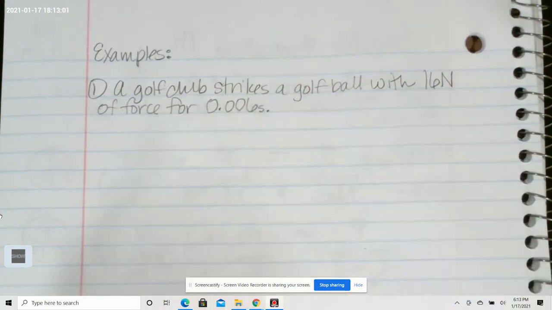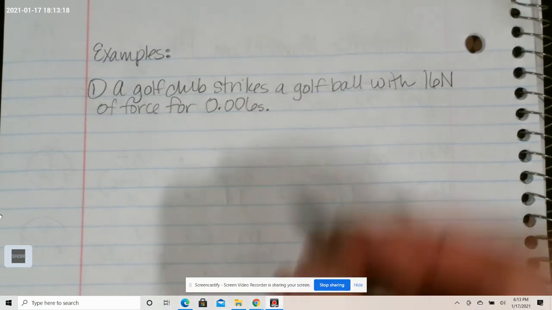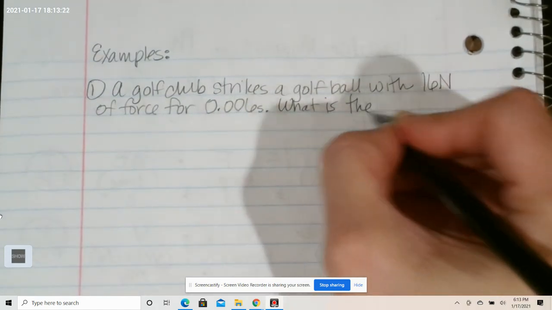Now, you got to think about that. The impact time of a golf ball and a golf club are going to be really, really small when you're striking a golf ball with the club. So these numbers for time sometimes are going to be really, really small. Don't let that freak you out. Just plug them in the same way. What is the impulse?